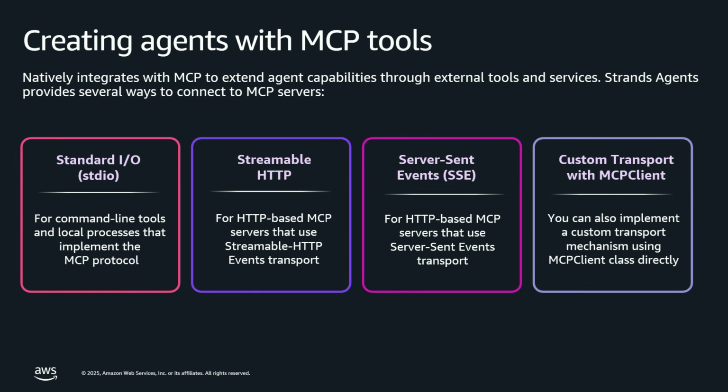We usually use standard I/O as the protocol to communicate with an MCP tool which is running locally, and streamable HTTP to communicate with an MCP tool which is running remotely. With that, let's see an MCP tool in action.